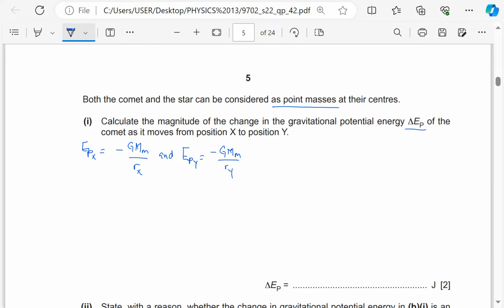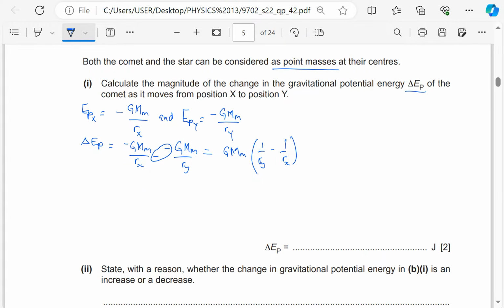So the difference or the change in potential energy delta EP is going to be negative G M m over R x minus negative capital G M m over R at point Y. Which is simply the same as G M m into brackets, so this becomes a positive, 1 over r at point y minus 1 over r at point x.